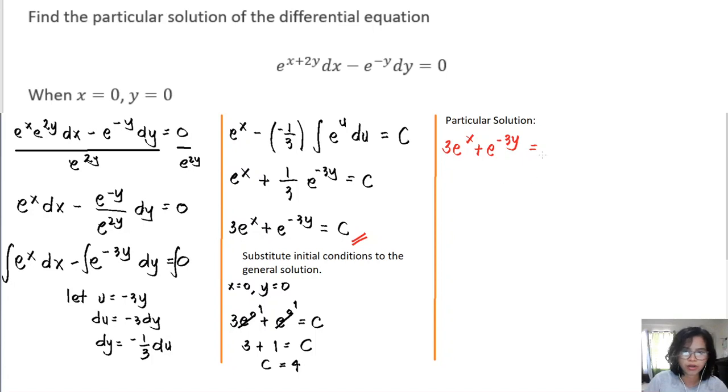That is 4. So now we have a specific value for our arbitrary constant that makes our solution the particular solution to the differential equation. So that's it.